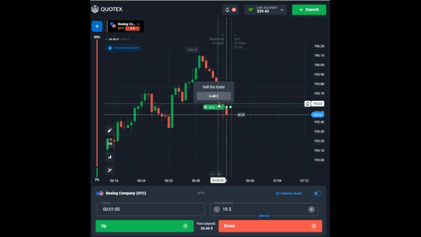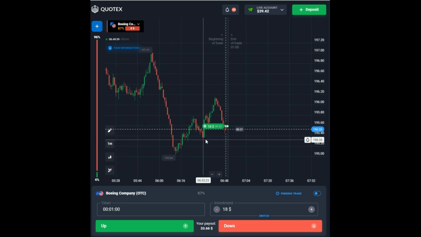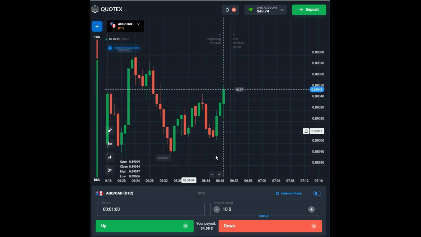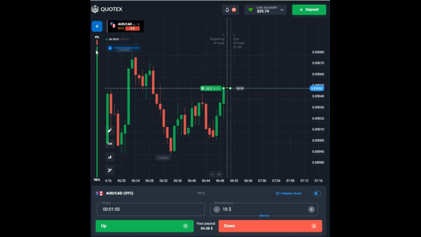If I lose all 3, I can make 3 trades. Alright, so if it's 50, I can make it $16 or 15. That way, if I lose all of them, I lost 45. But that's 3 times that I can win as well.